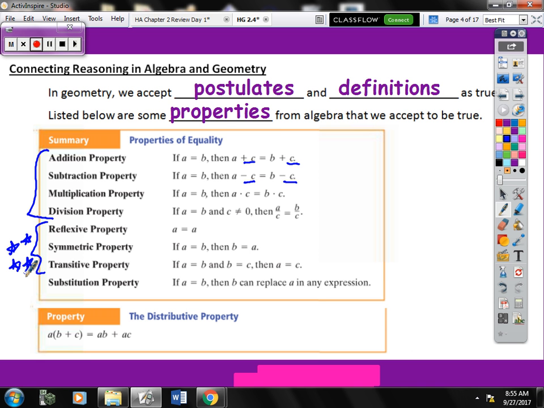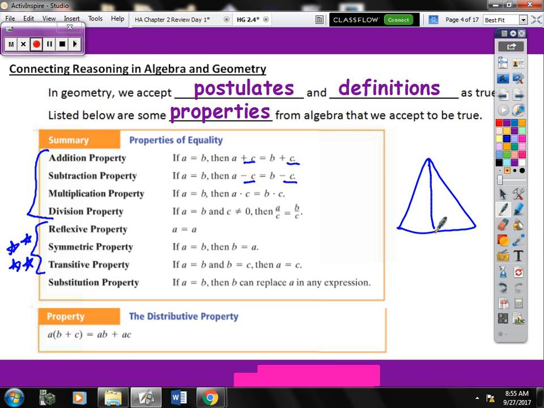So the reflexive property of equality literally just means that something is equal to itself. Like 2 is equal to 2, 3 is equal to 3, x is equal to x. Sounds silly, but it's called the reflexive property. When we'll use this is when we see shared sides in a triangle.